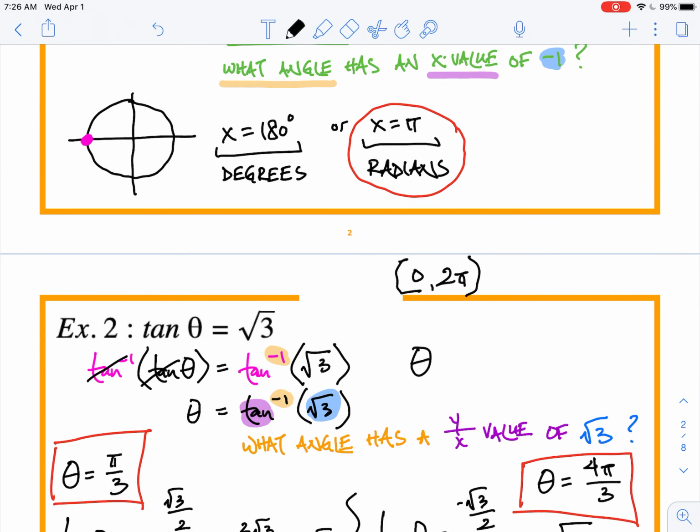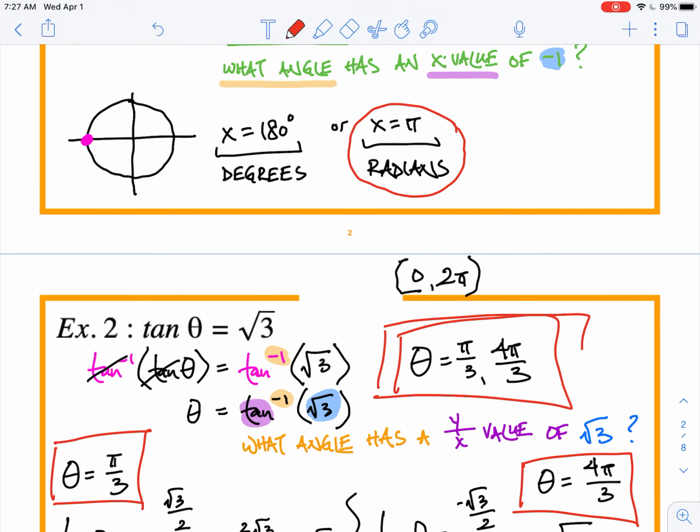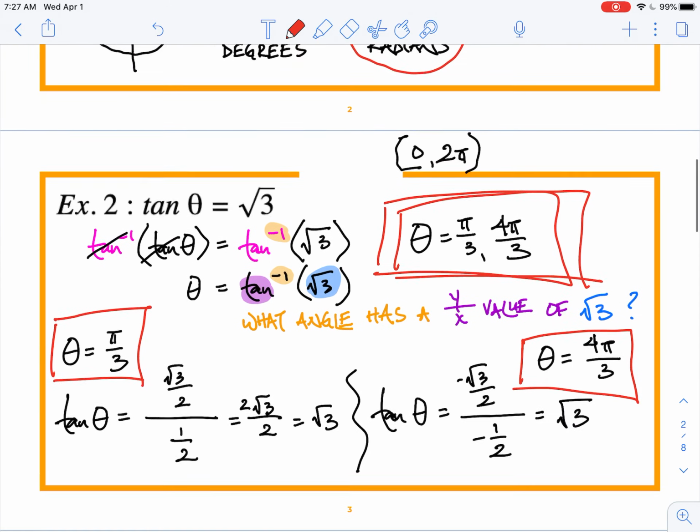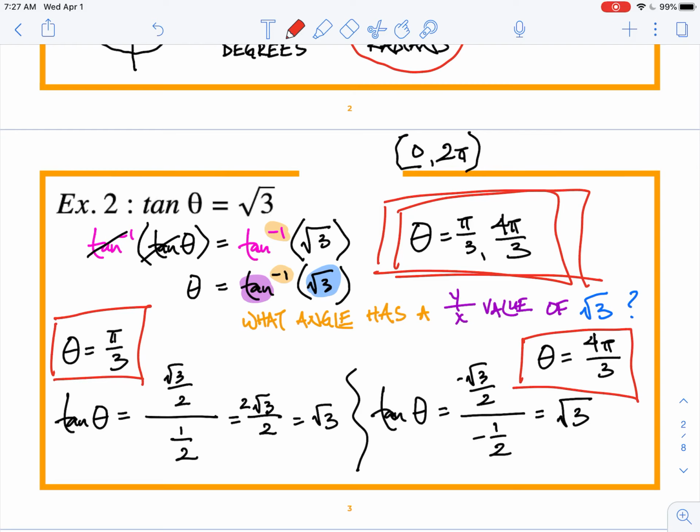And if you go one time around the unit circle, you'll find that your answers are going to be pi over 3 and 4 pi over 3. And so we're going to say that this one right here is our final answer. We have to list both of them, okay? So a little bit of a step up from our example number 1.